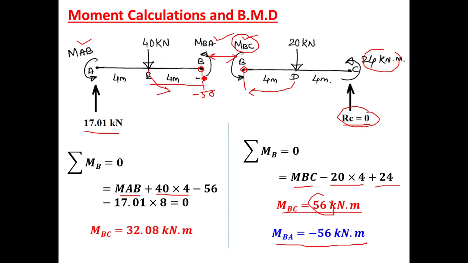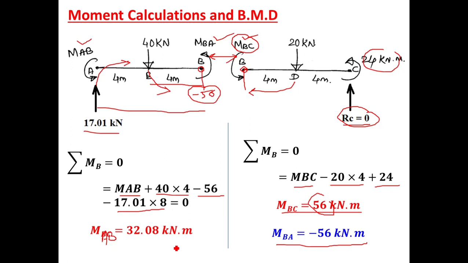Then the MBA moment is minus 56, and the moment of reaction RA is clockwise, 17.01 into 8. If you put in all these values and calculate, MAB equals 32.08 kilonewton meter. Like this you will get all the moments.